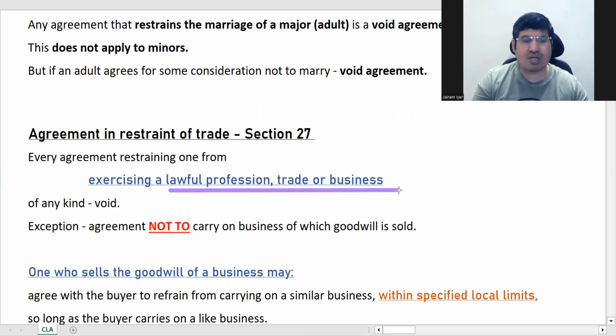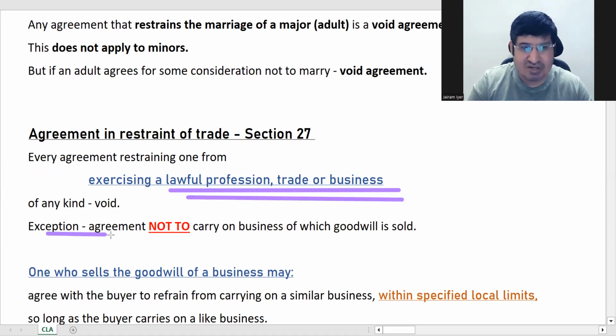Even a poor man who is just selling fruits in a thela, carrying some fruits in a bag, and opposite him you have a big Reliance Fresh shop for vegetables. They cannot stop him from exercising his trade. Everyone has a right to trade. So you cannot restrain anyone from exercising a lawful profession, trade, or business.